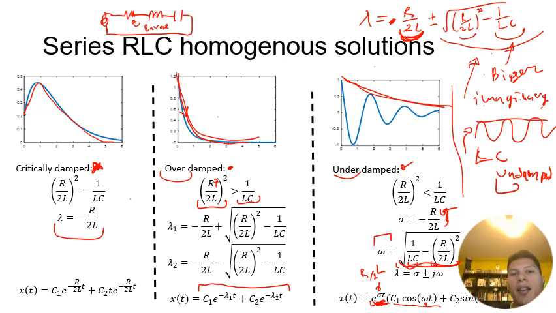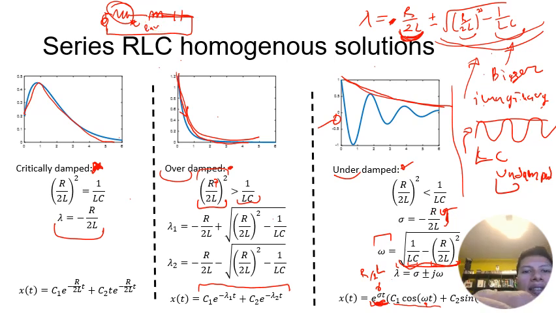If the resistance is very small, you can approximate it by a short, and you have an LC circuit, so you're closer to underdamped. If this resistance is very large relative to the rest, what matters is actually the resistor, and so you're going to have something that decays very rapidly.